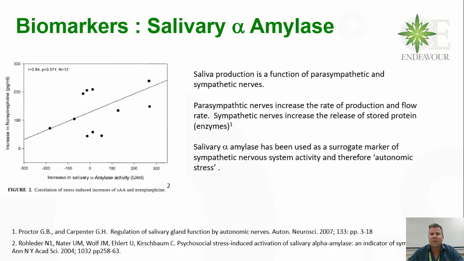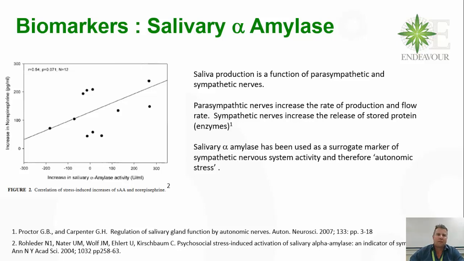So basically, salivary amylase has been used as a surrogate marker of measuring how much sympathetic nerve activity you have been under, or how much sympathetic nerve activity you have, and therefore autonomic stress. In other words, as you increase the level of the sympathetic nervous system in your body, you're also going to see an increase in the amount of salivary amylase in your saliva.